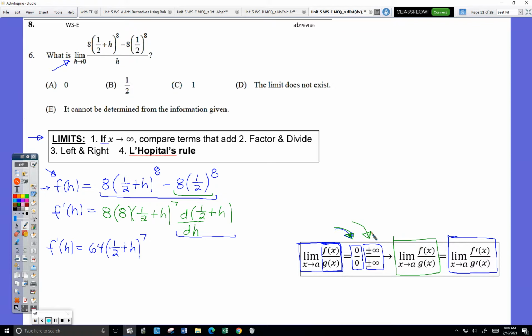So this rule can only be applied if your limit is a fraction, right? Because you have to have something to divide. Yes. L'Hopital's rule only works if you can see the limit that you are solving for as being an f divided by g. Because he said, you're going to take the derivative of f, you're going to take the derivative of g, find a new limit, and the two limits will be identical.